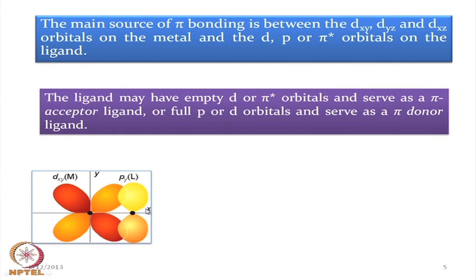So, this is from one symmetry type involving the py orbital from the ligand side. Then we can have the other orbitals, that means the d type orbitals or the pi type orbitals.